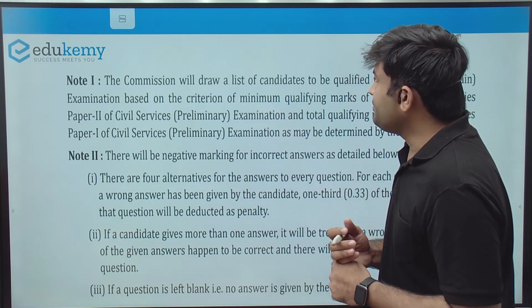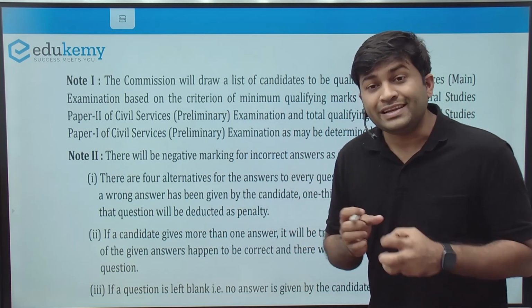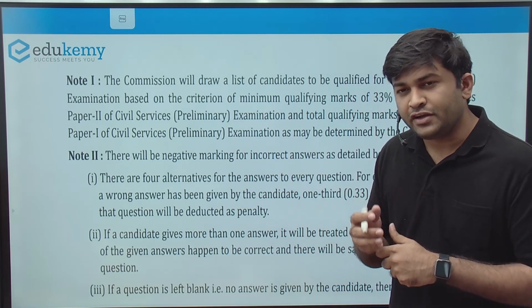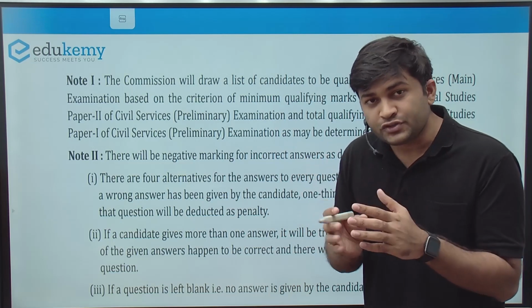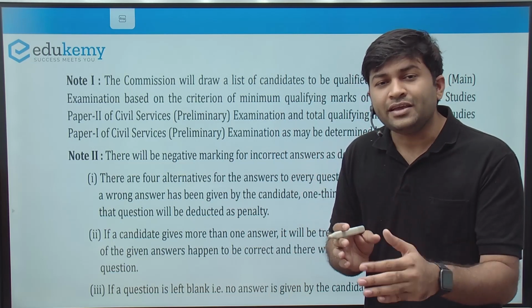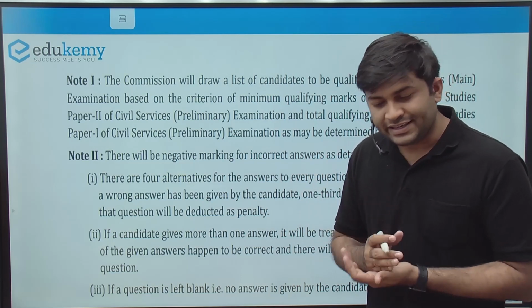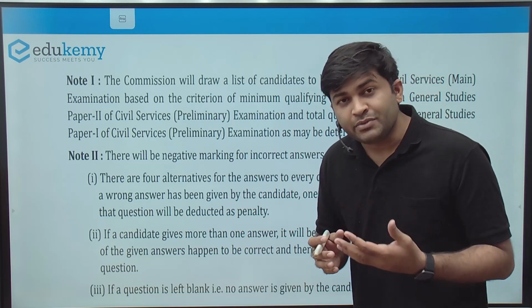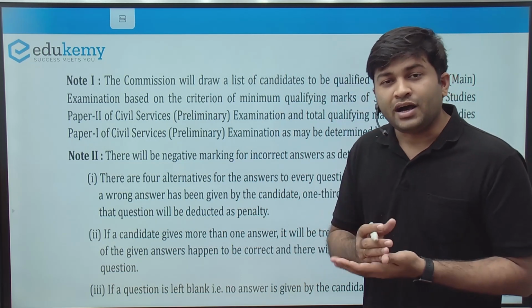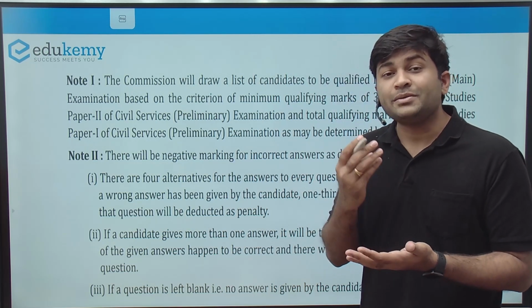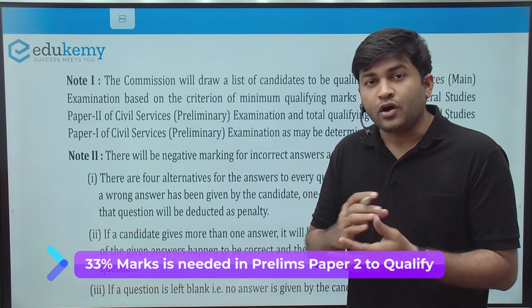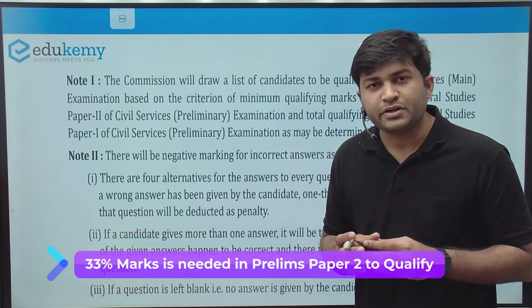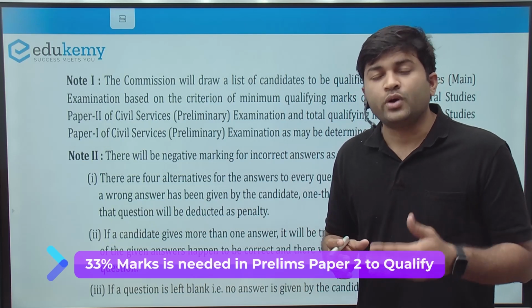So the commission will draw a list of candidates to be qualified for the main examination on the basis of the marks you are obtaining in the preliminary examination. Yes, so there is a minimum level of marks that you have to obtain in paper 2, that is 33% of the total marks in paper 2 have to be obtained to qualify.